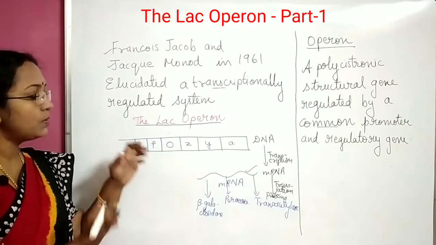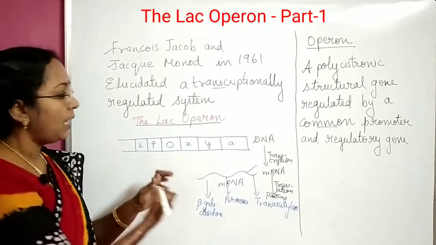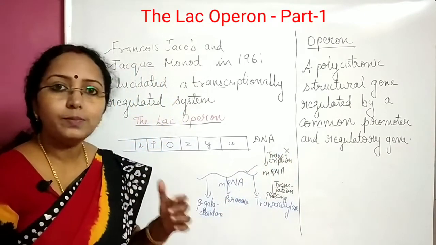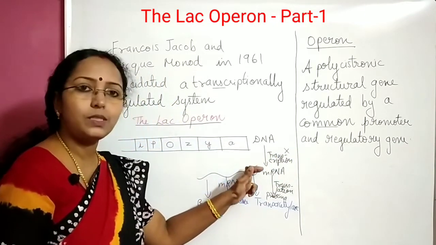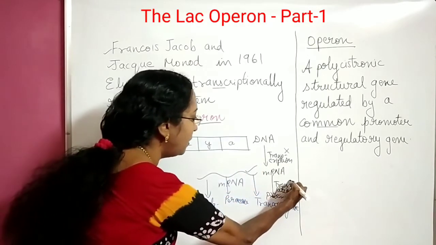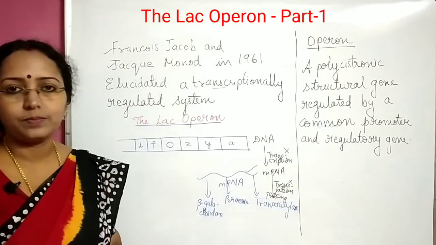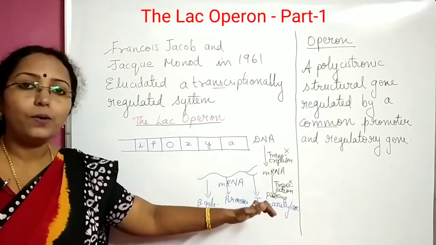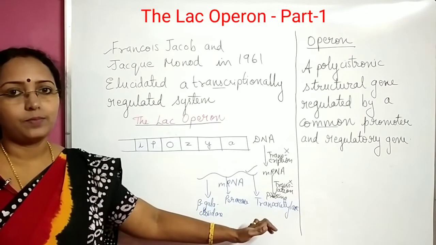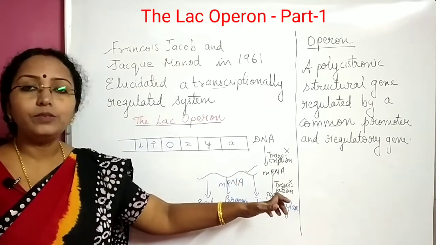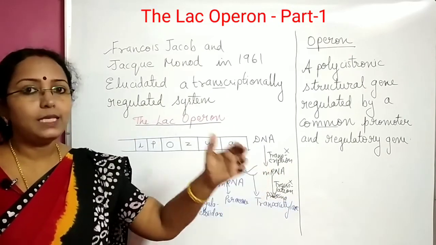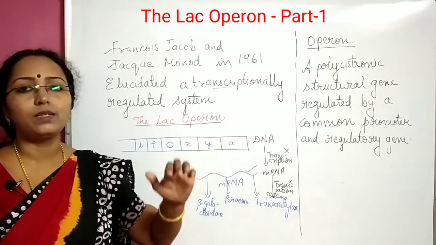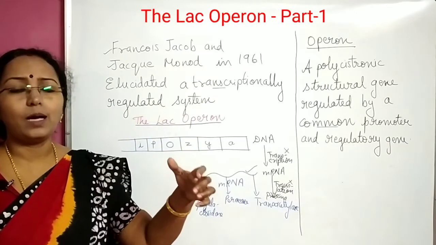If I want to stop this gene expression, I can stop it at the transcription level, or if I couldn't stop it there, I can even stop it at the translational level. So gene expression can be regulated at the transcription level or at the translational level. In eukaryotes, it can be regulated at splicing, capping, tailing and all those processes.